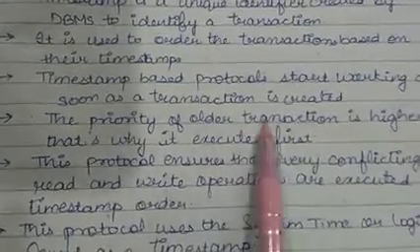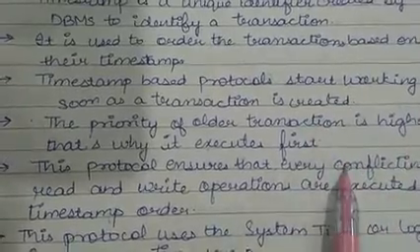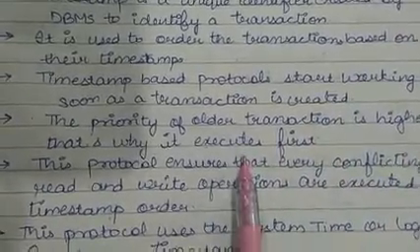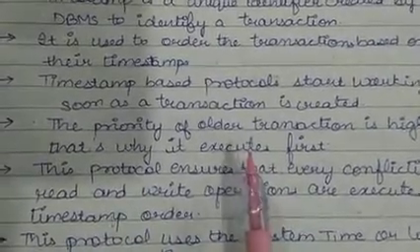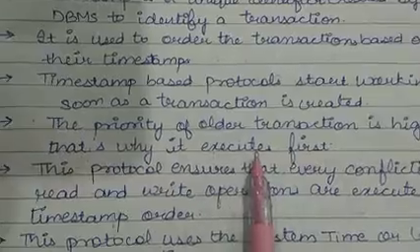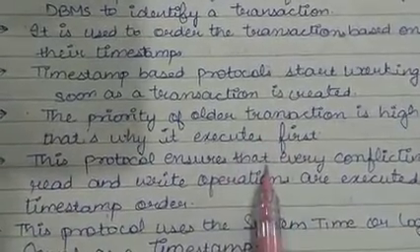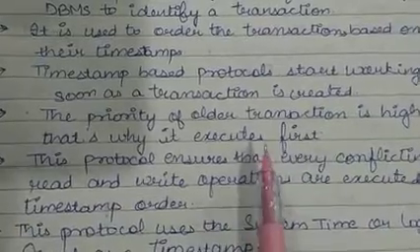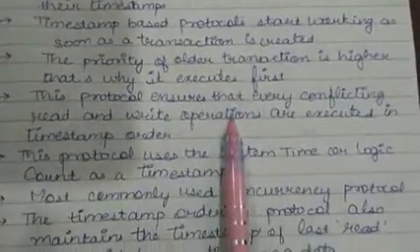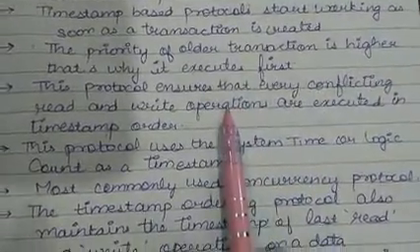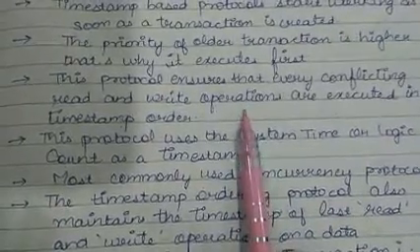So in timestamp based protocols we always try to give the oldest transaction the highest priority and execute it first, because when the older transaction executes first, there will not be any conflict and our database will remain in a consistent state. This protocol ensures that every conflicting read and write operation is executed in timestamp order.